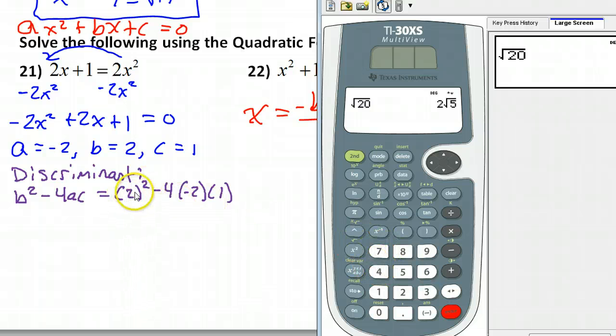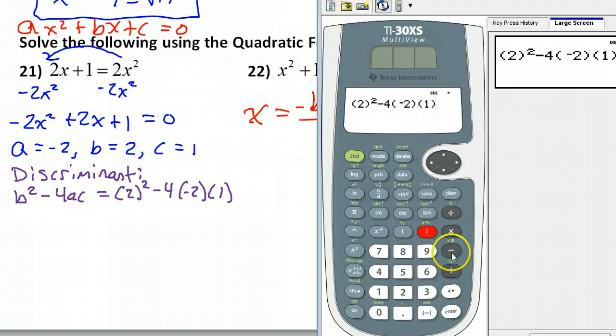I recommend that you just square this in your head. If you do type it into the calculator, make sure you use parentheses around it, like that. Like b squared minus 4 times negative 2 times 1. So I get 12.